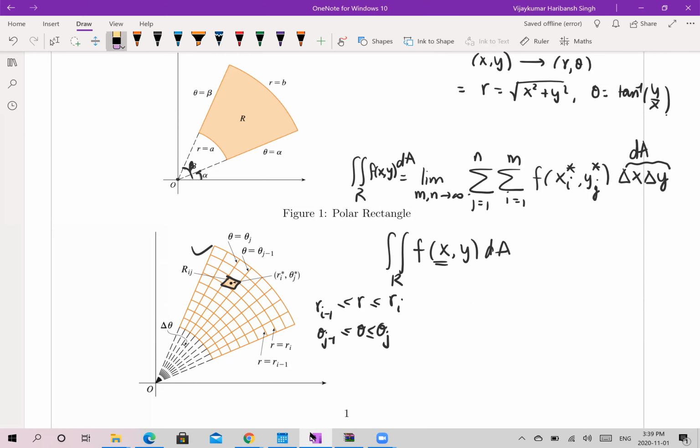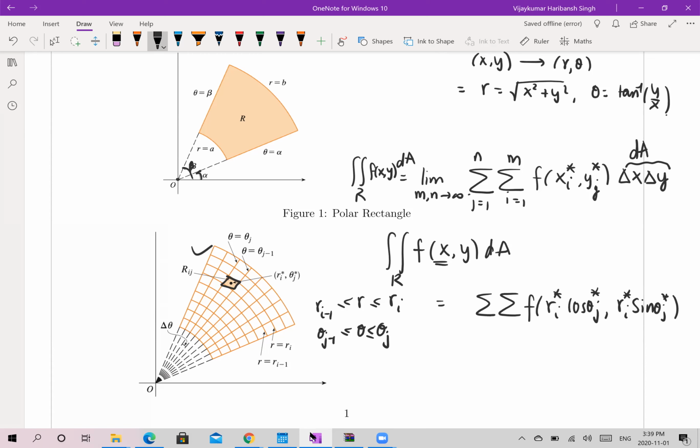I will replace x by ri star cosine theta j star, and I'll replace y by ri star sine theta j star.